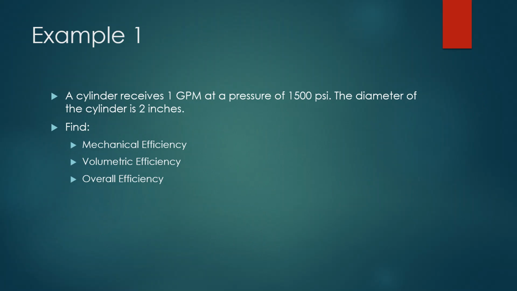Alright, so we have a cylinder that receives 1 GPM of flow at a pressure of 1500 psi. The diameter of the cylinder is 2 inches. And this is where I totally forgot to add in the force and the velocity.